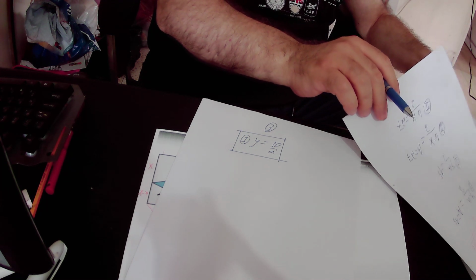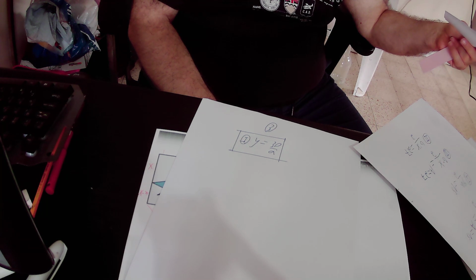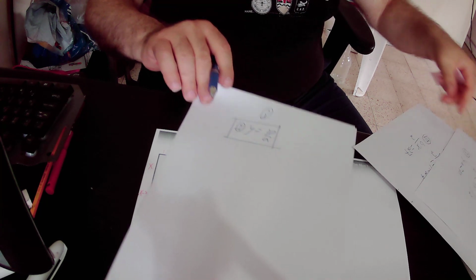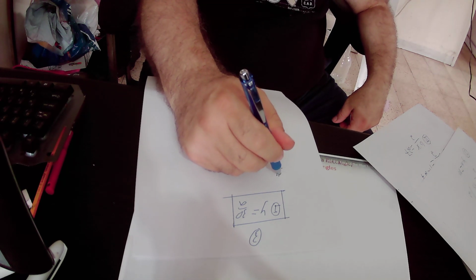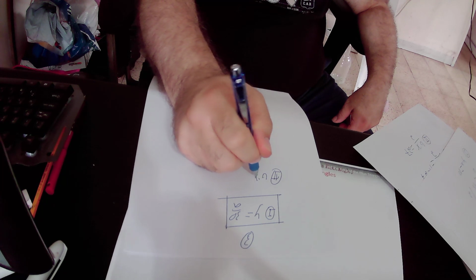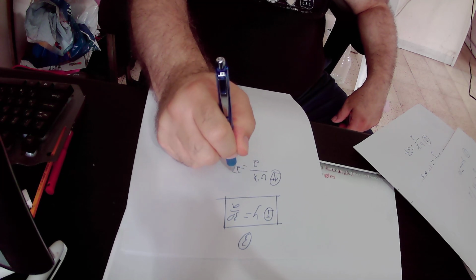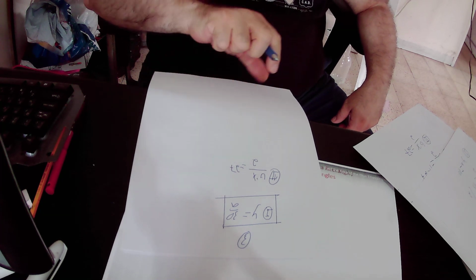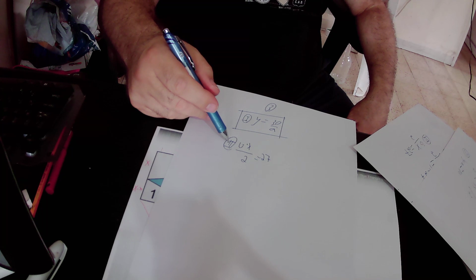Next we will take x out of the second equation. The second equation is b times x divided by 2 equals 27. Okay, this is the second equation.